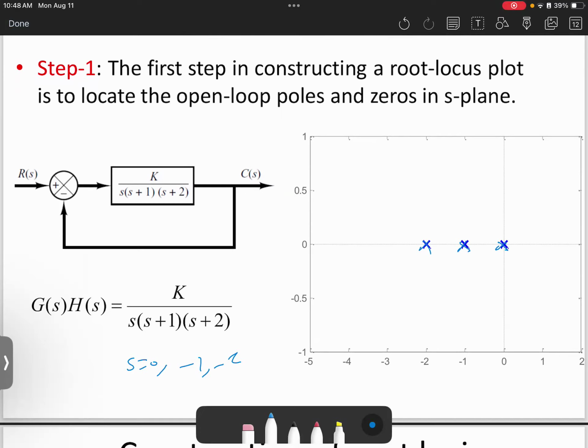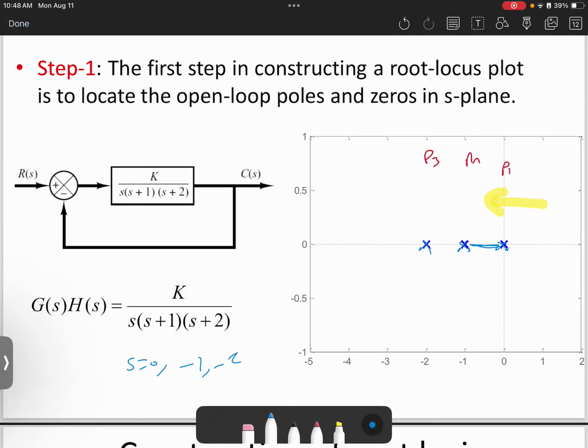Basically, the locus region is found by counting from right to left. This is an odd number. Let me call them P1, P2, P3. When you are at P1, the region is between P1 and P2.